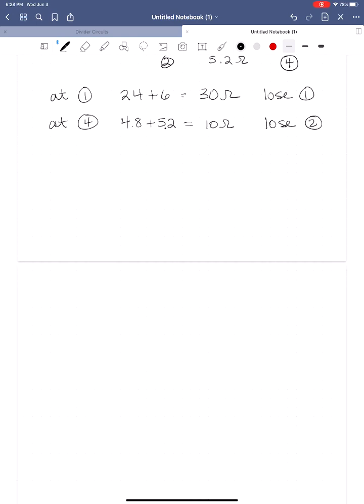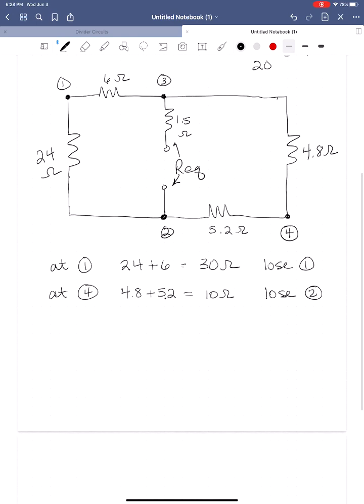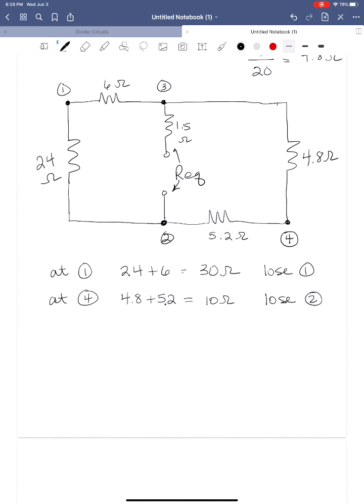Okay, so let's see if we can draw this in down here. So I'm going to lose node 1 and node 4. So I've really only got, I'm going to try to squeeze this in here. I've got the 1.5 ohm resistor. This is 3. This is 2. I'm squeezing it in there, I'm sorry.